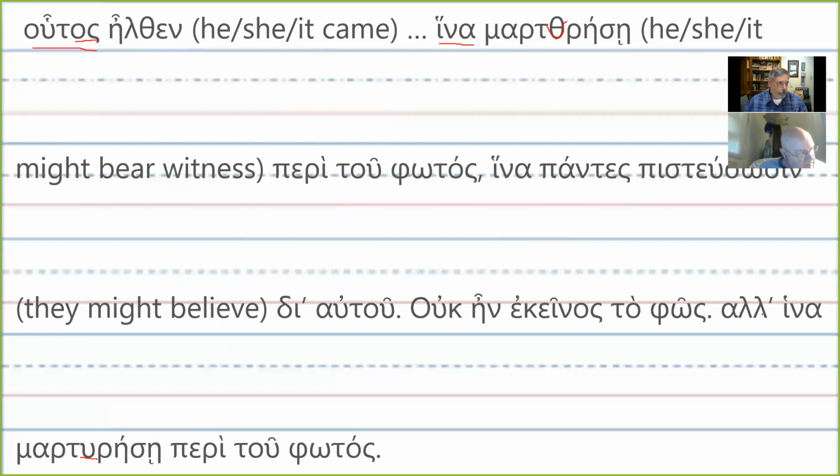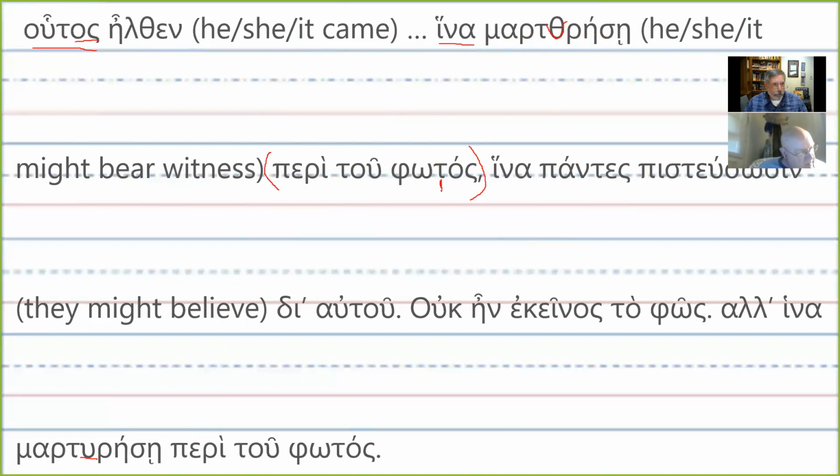Give me my pen again. Oh, this is so frustrating. There we go. And here's a prepositional phrase, peri, with the genitive governing photos, third declension.